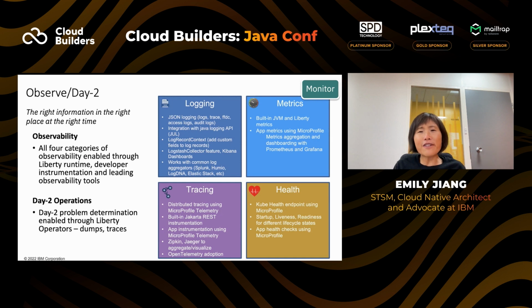And for logging, you can use any of your favorite logging frameworks. If you want to use Java logging, that's fine as well. So logging and tracing, as I mentioned earlier, together can help you to diagnose problems.